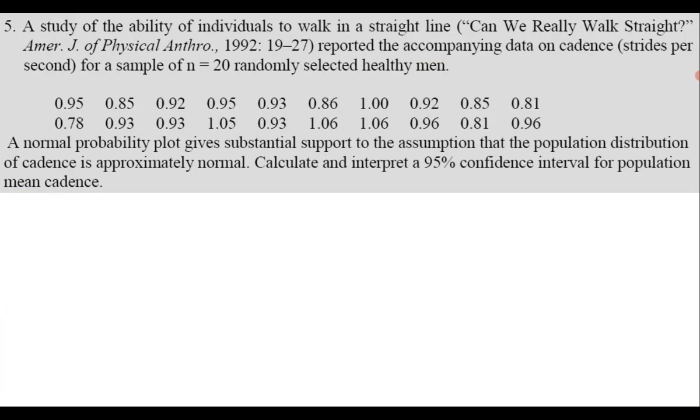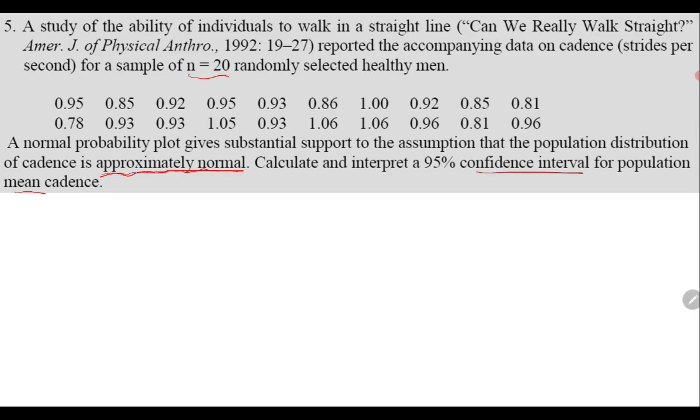There is one more question where sample size n equal to 20 is given, and it says it is approximately normal. So it is not directly mentioned as normal distribution, but approximately normal, and you need to find the confidence interval for the mean.